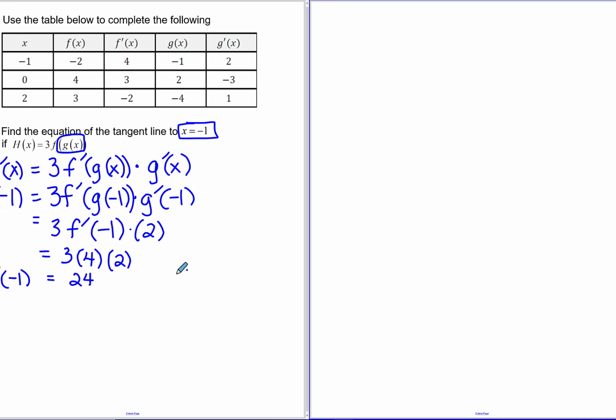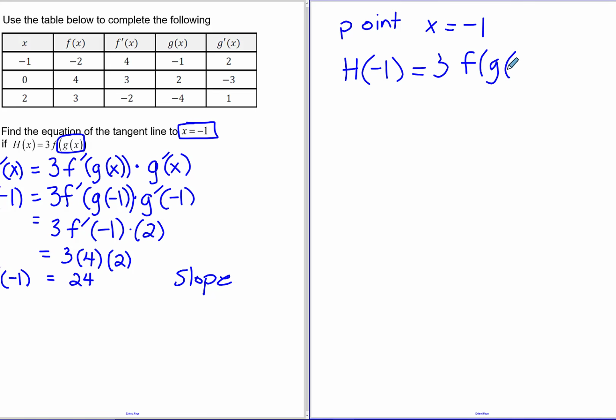Got a slope. This is our slope. And then we need the point when x is -1. The h of -1 is 3 times f of g of x, and our x is -1. So the g of -1 is -1.